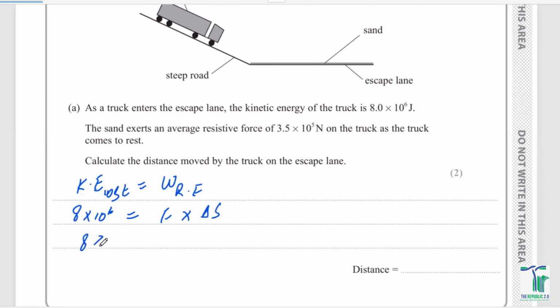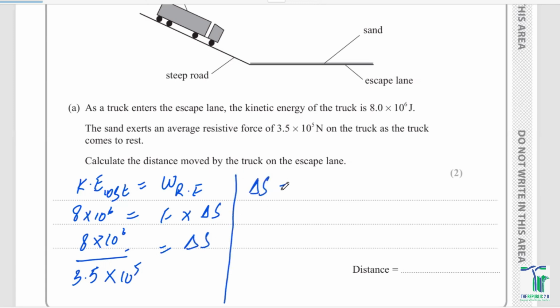So 8 times 10 raised to the power of 6 divided by the force, which is 3.5 times 10 raised to the power of 5, equals delta S. And from here onwards, the distance is 8 times 10 raised to the power of 6 divided by this, which gives me 22.9 meters, which is the total distance covered by the truck before coming to rest. So that has to be 22.9 meters.